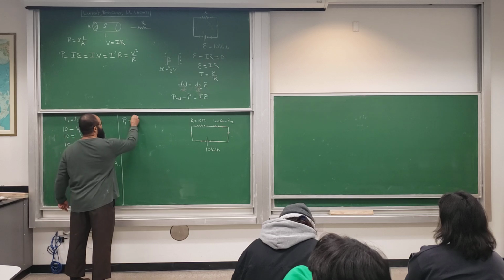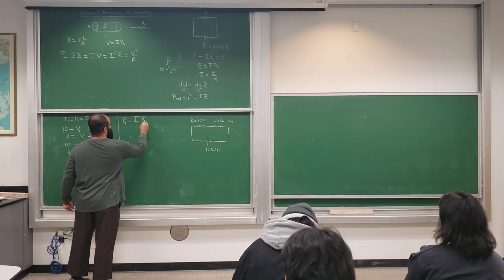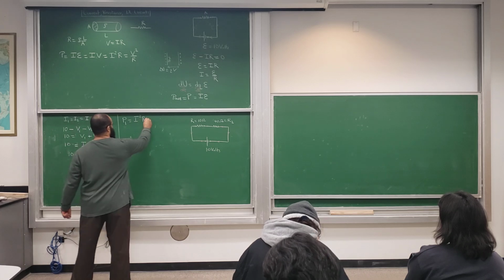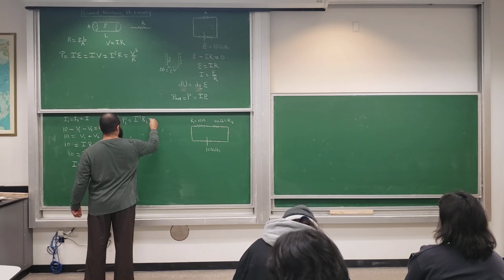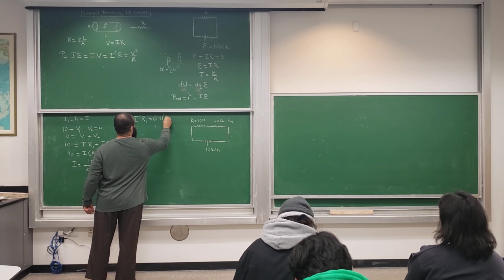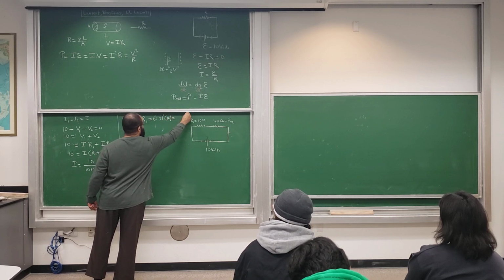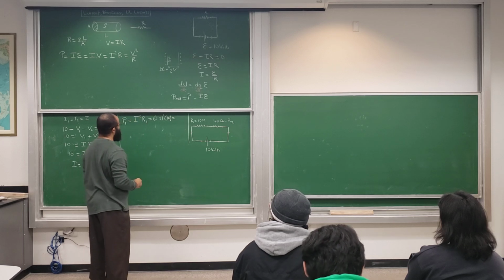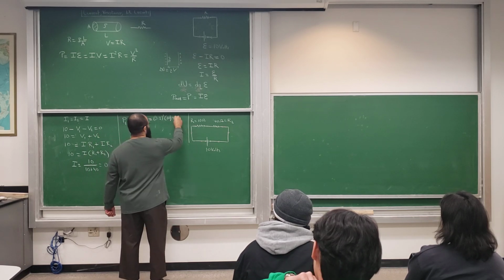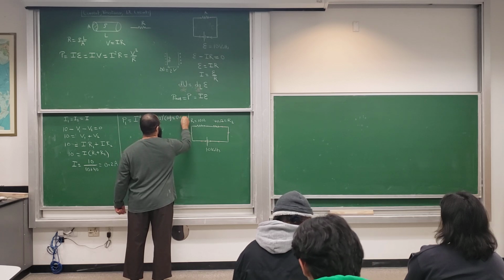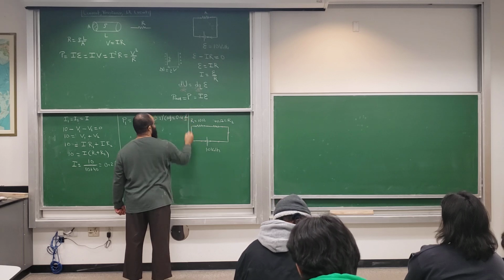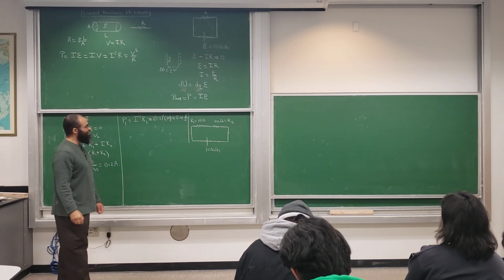I already have the current. So I get 0.2 squared times 10, which is 0.4. 0.4 what? Joules per second, watts.